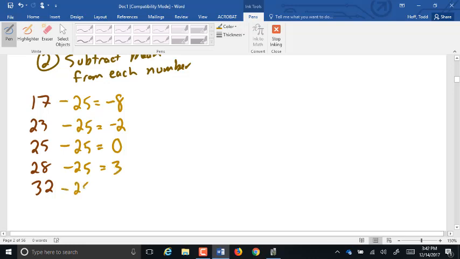And 32 minus 25 is 7. Now again, if we added these all up, that should add up to 0. And it does. Remember, those are what we referred to as the deviation.